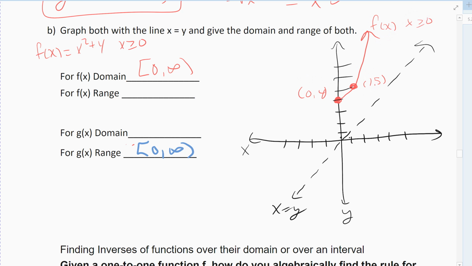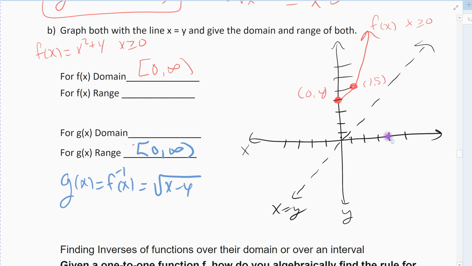All right, so the other function should reflect over that line, and it does. If I plug in my g of x, which again is my inverse of f of x, I've tested it, the square root function of x minus 4, it should reflect over that. And so if I plug in points, first of all I can't plug in 0, right? I can plug in 4 as the first value.